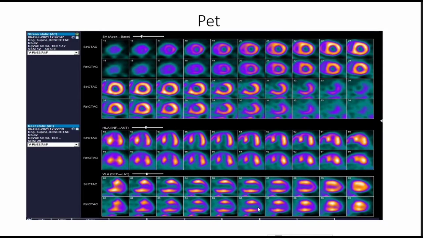Now, it doesn't really change significantly between rest and stress, and you could argue that it's even a little better with stress than it is at rest, that there's a little more tissue visible there than there, a little more there than there.